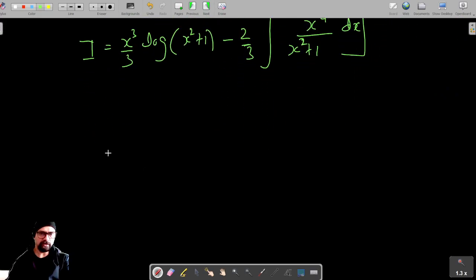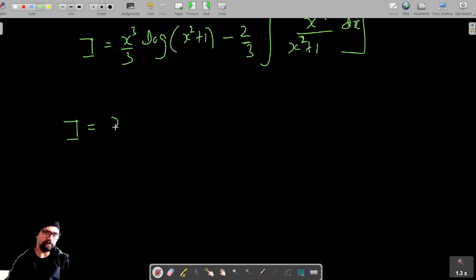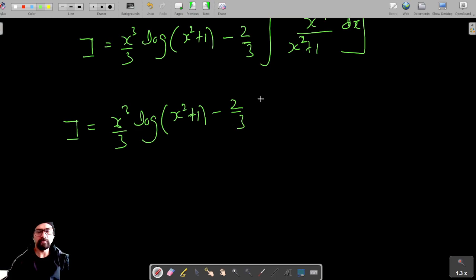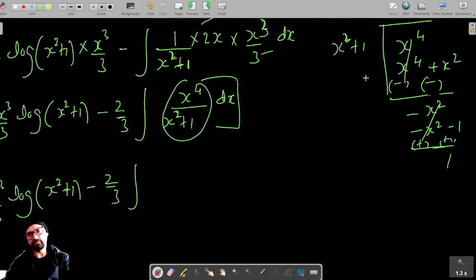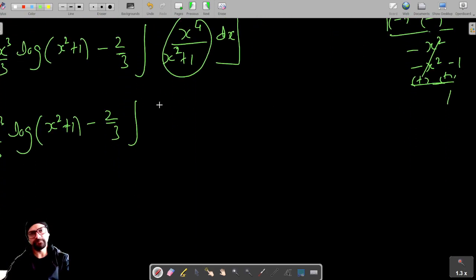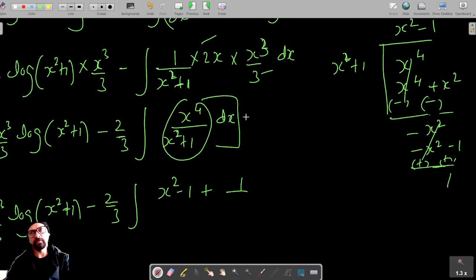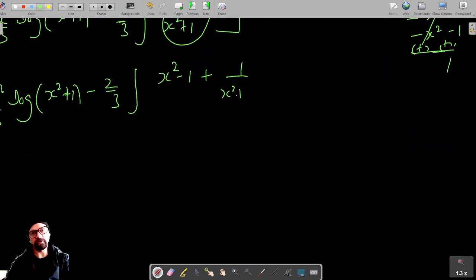So I can write this integration as I equals x cubed upon 3 into log of x squared plus 1, minus 2 by 3, and instead of x raised to power 4 by x squared plus 1, I can write x squared minus 1 plus 1 upon x squared plus 1 into dx.